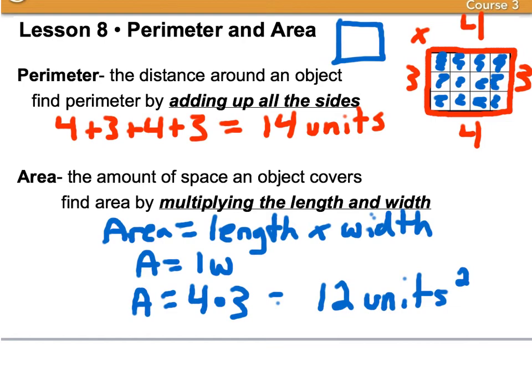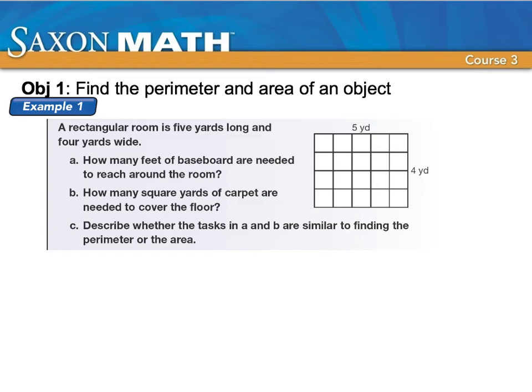So let's go on to some more examples. This says a rectangular room is 5 yards long and 4 yards wide. So here's our picture right here. I want to know how many feet of baseboard are needed to reach around the room. If you see baseboard, that's like the bottom of the wall. When I talk about baseboard, I'm going to underline that in blue here, that's this stuff around here. So how many feet of baseboard are needed to reach around the room?